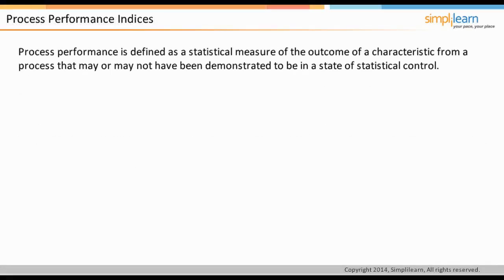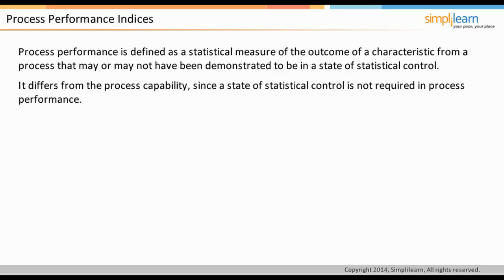Process performance is defined as a statistical measurement of the outcome of a process characteristic, which may or may not have been demonstrated to be in a state of statistical control. In other words, it is an estimate of the process capability of a process during its initial setup, before it has been brought into a state of statistical control.